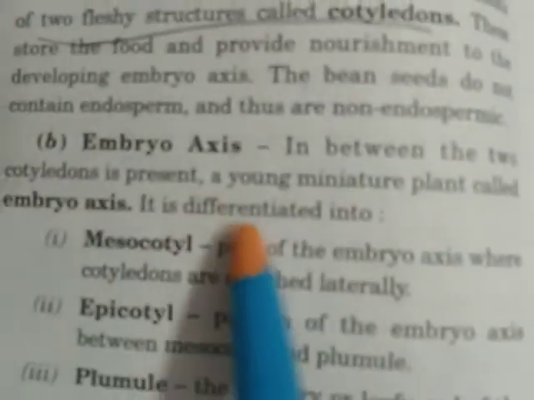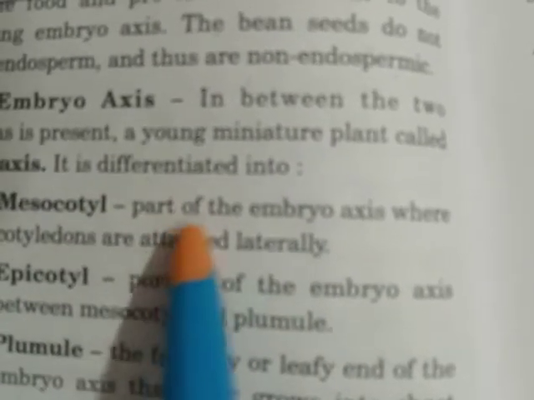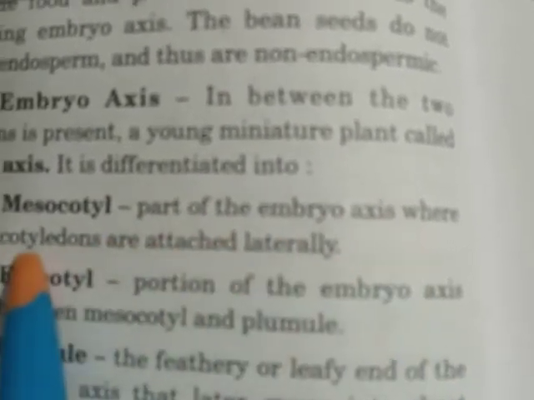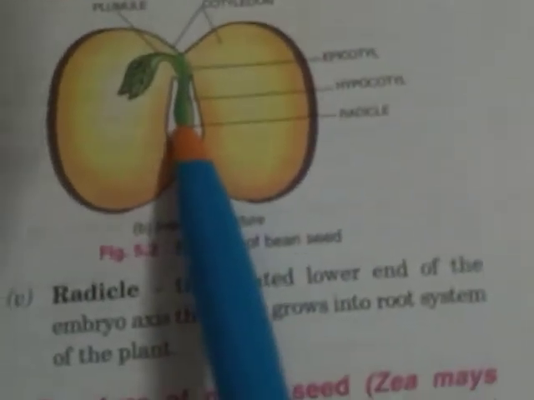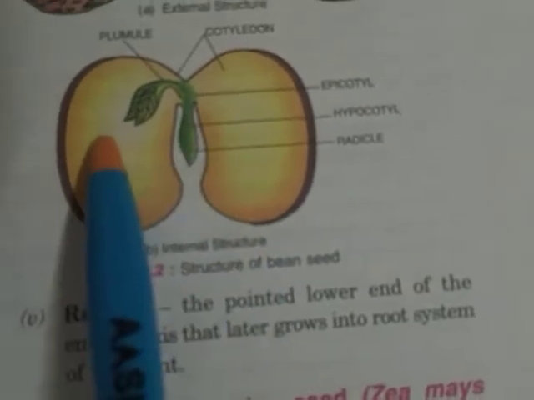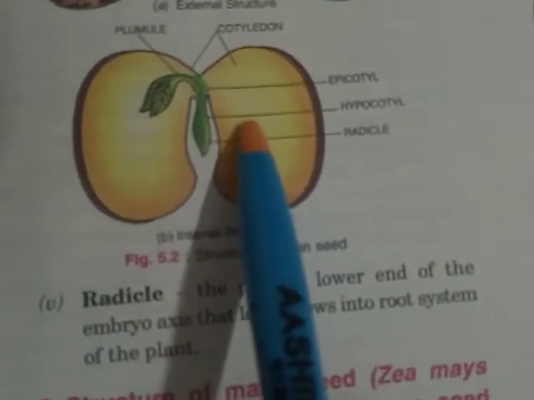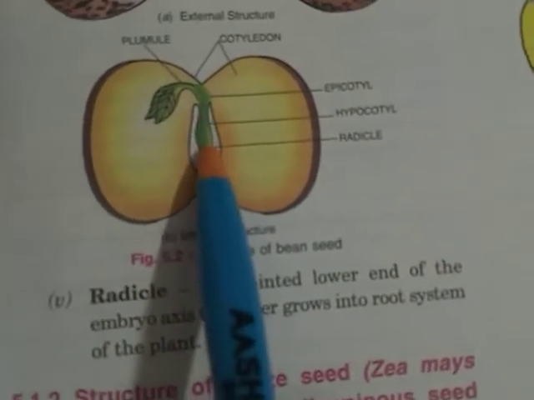It is differentiated into the mesocotyl, a part of the embryo axis where cotyledons are attached laterally. Now see here, this is the embryo axis, and these two cotyledons are attached to it.